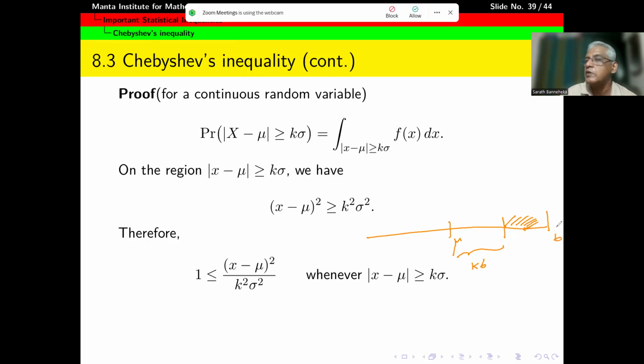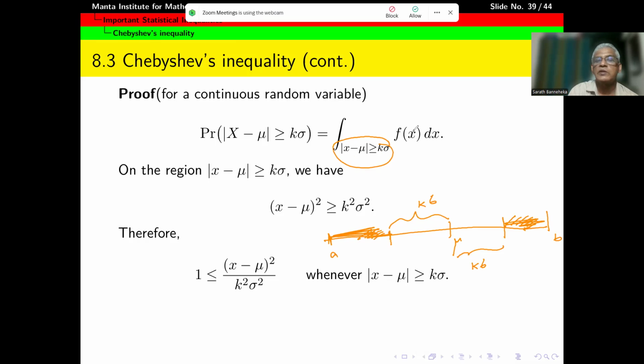And then if this distance is again k times sigma, what you're looking at is this interval from minus infinity, or some value a, to this point, right? So this is the union of this interval and this interval. So you are integrating the density over that union of those intervals.